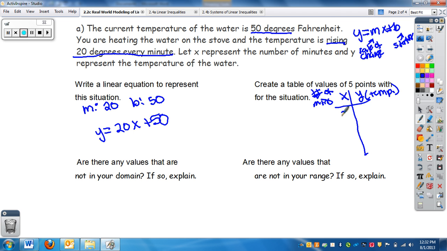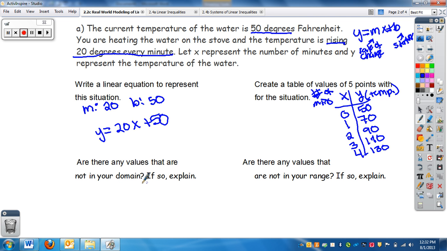At 0 minutes, right when I'm starting to heat, the water temperature is 50. After 1 minute passes, the temperature is now 70 degrees. After 2 minutes, it's 90 degrees. After 3 minutes, it's 110 degrees, and so forth. We need 5 points, so after 4 minutes, the temperature is 130 degrees.